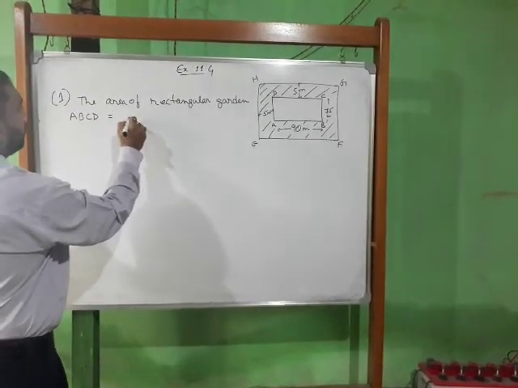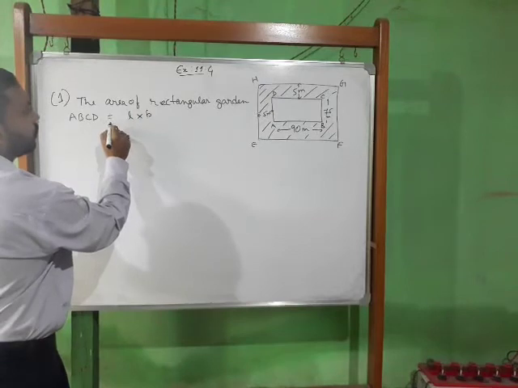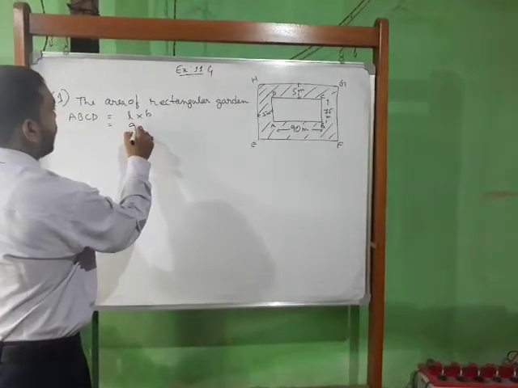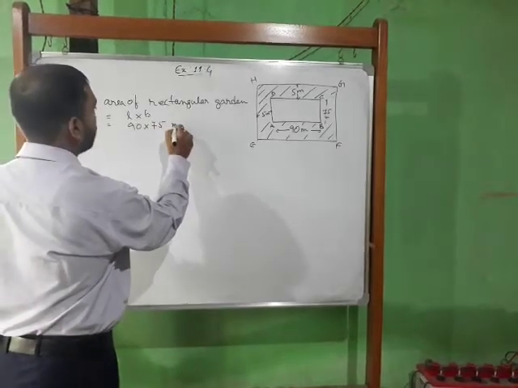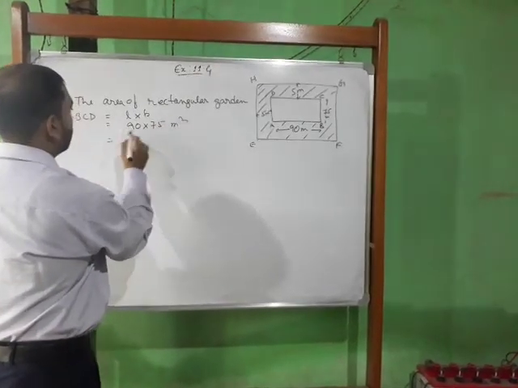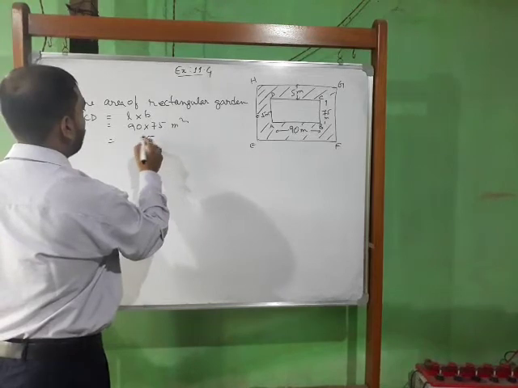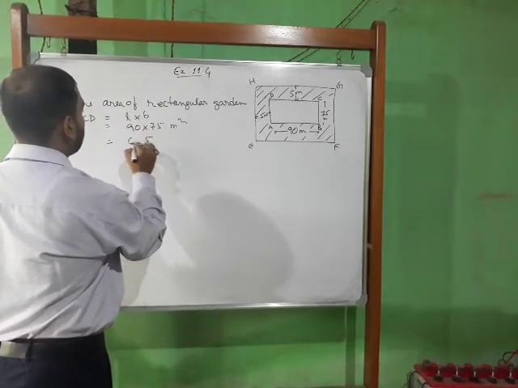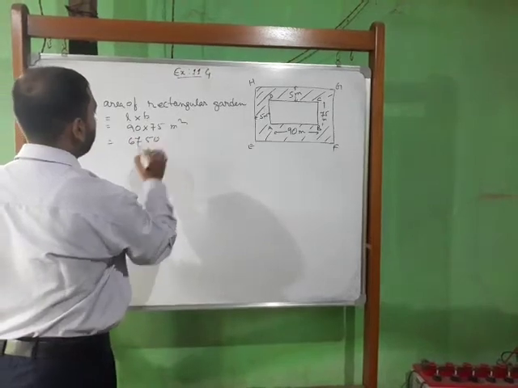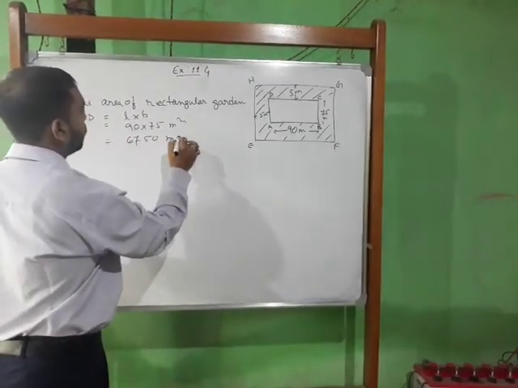It is length into breadth, so 90 into 75 meter square. So it is 6750 meter square.